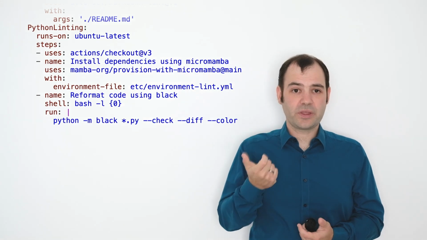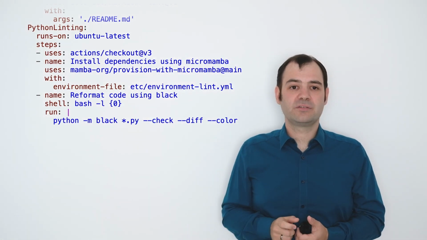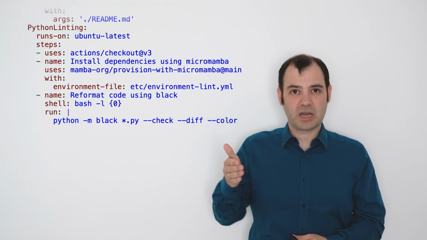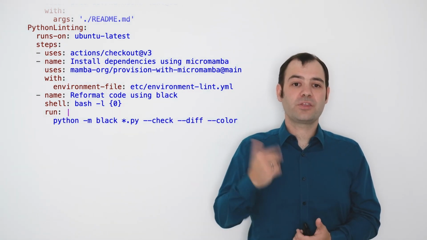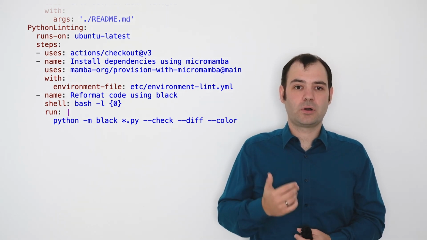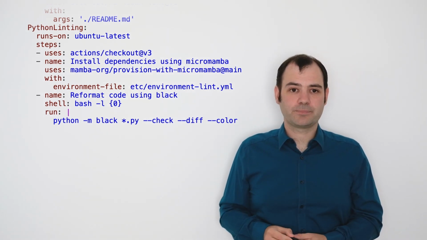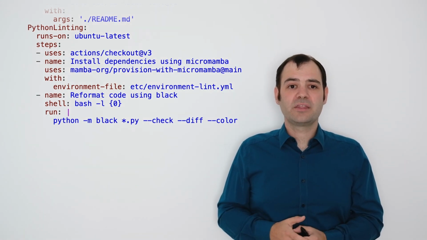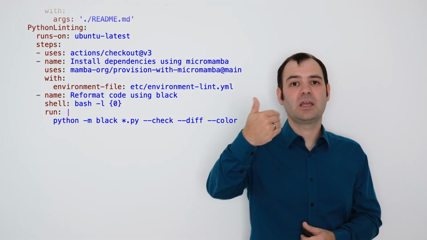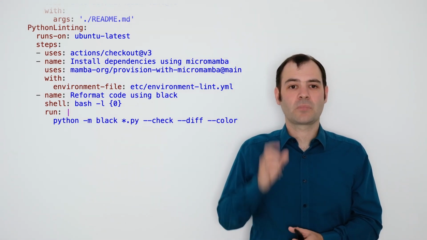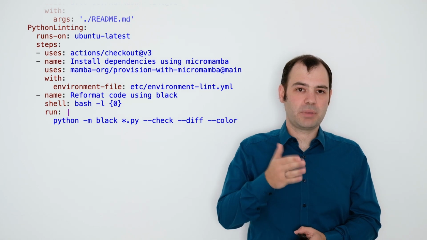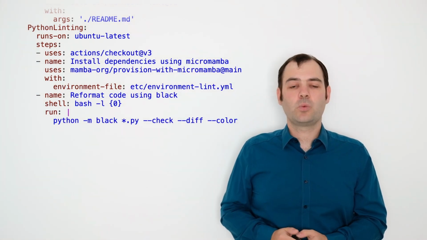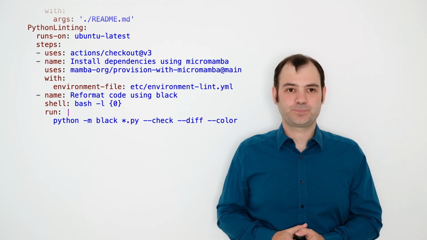So using the with argument, we pass in a variable called environment file, and the content is the path to the actual file. And the third step is doing the reformatting, in this case using black. So we pass it a command that shall be put into the shell inside this Docker container. And the command in this case is python, where it shall run black on all Python files with some more command line arguments.